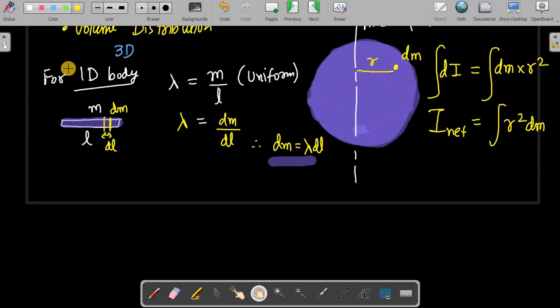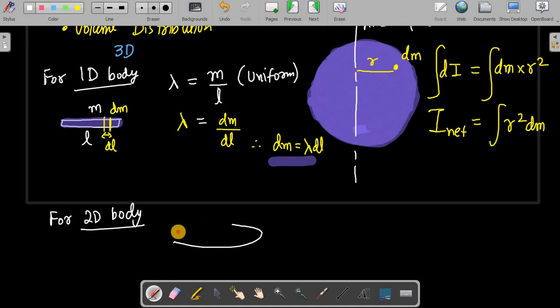Two-dimensional body, what example can you take? For a two-dimensional body, you can take the example of a plate. Plate means like a disc, you can say. It's like a circular disc, let us say. Okay, so here in case of a circular disc, again suppose there is some axis about which it is going to rotate.